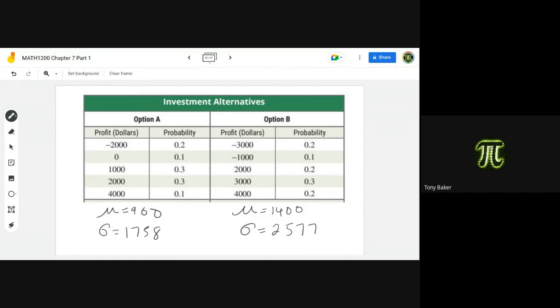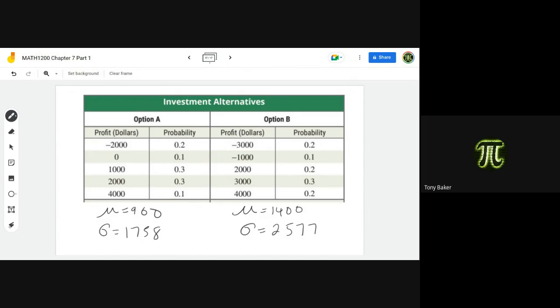So option B, the expected value is higher, but it's more varied. So if you're looking for a good long-term investment, one that you're going to do long-term, option B might actually be a good option, because it's going to get closer to that expected value.